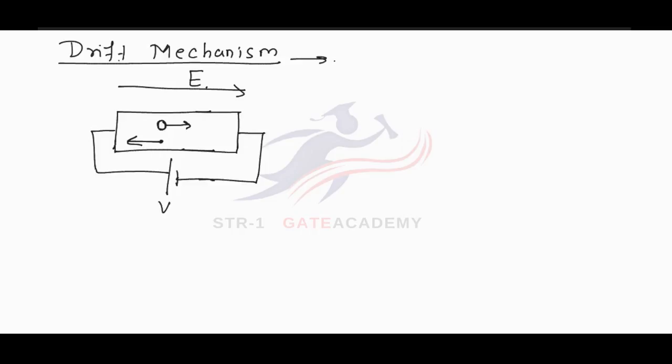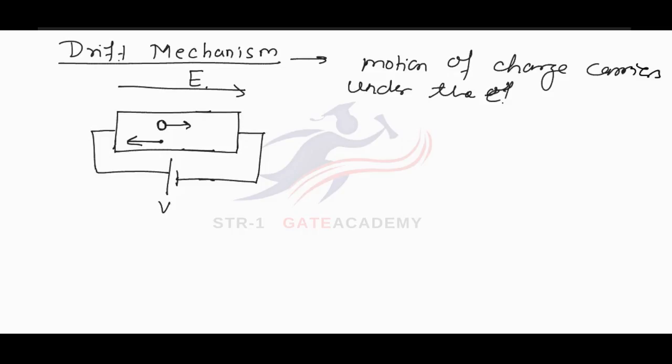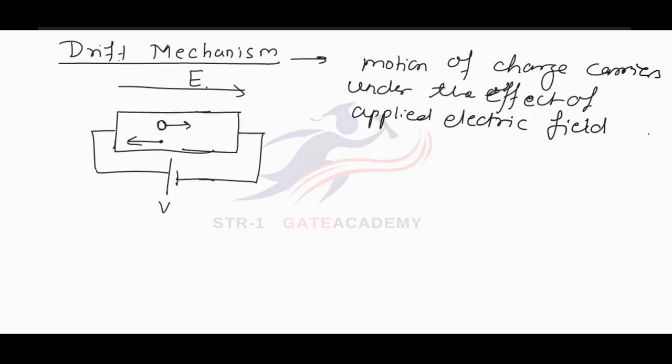So I can define drift mechanism as motion of charge carriers under the effect of applied electric field is called drift motion, and the velocity of charge carriers due to drift motion is defined as Vd, drift velocity.